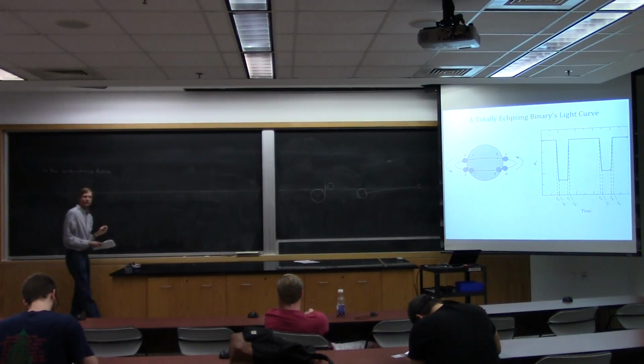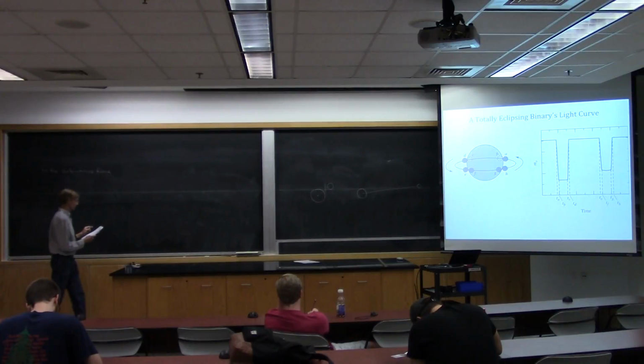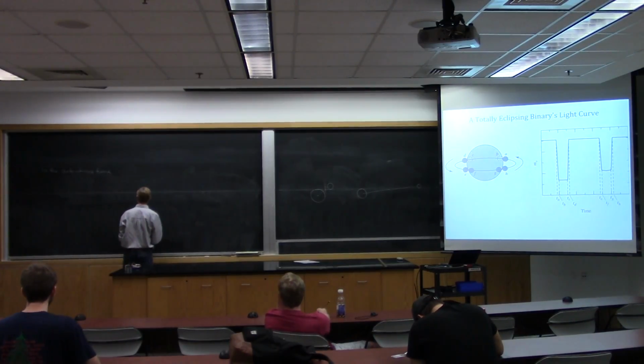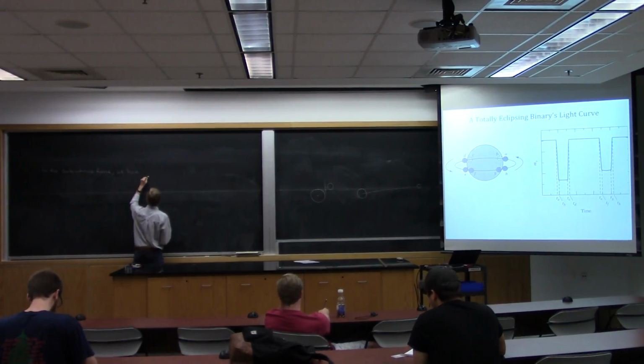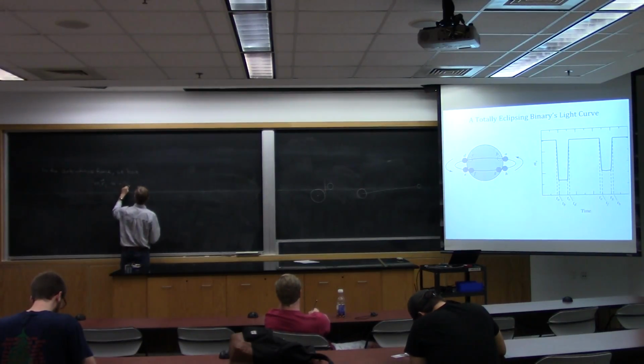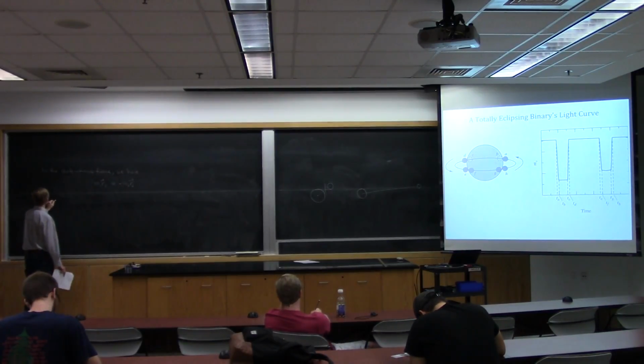In the center of mass frame, we adopt a frame that rests with the center of mass, so the center of mass is the origin. We have M1R1 equals minus M2R2, right?